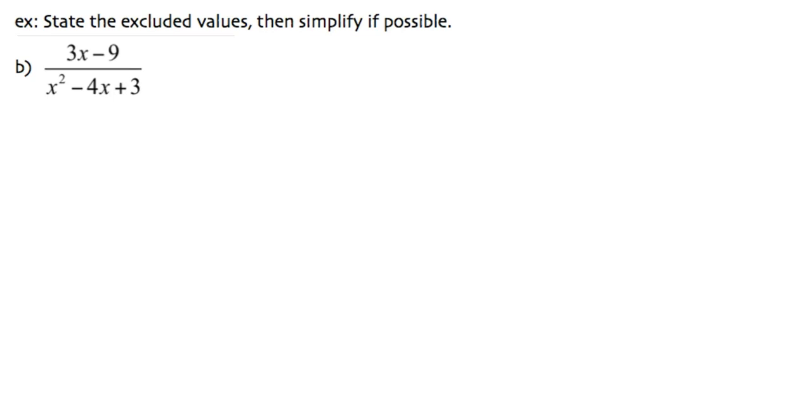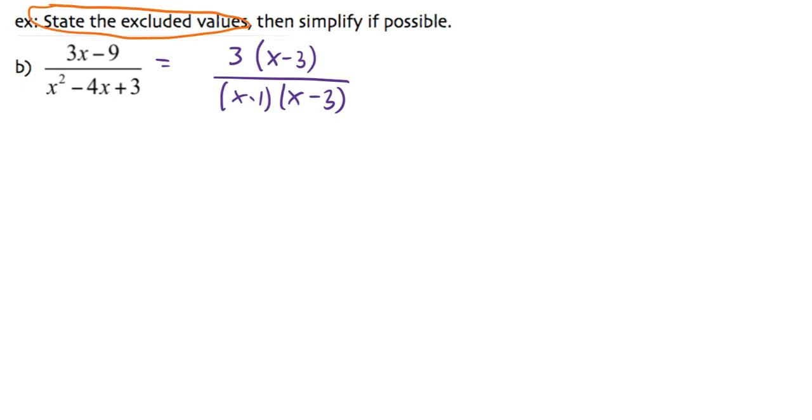State the excluded values, then simplify. So again, I'm just going to need to factor everything as much as I can. I could factor 3 out of the numerator. My denominator is going to factor to (x minus 1)(x minus 3). And then before I cancel anything, I state the excluded values. The excluded values are the zeros of my denominator, 1 and 3.